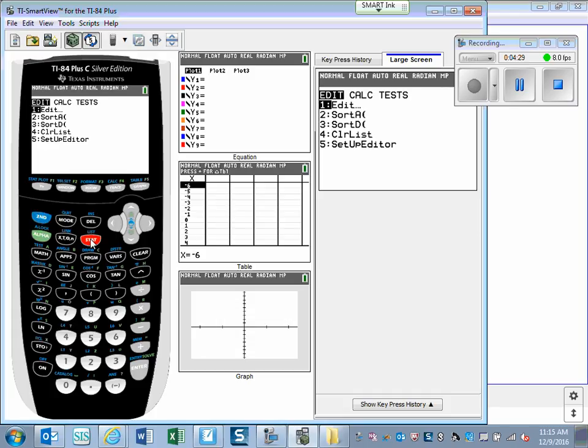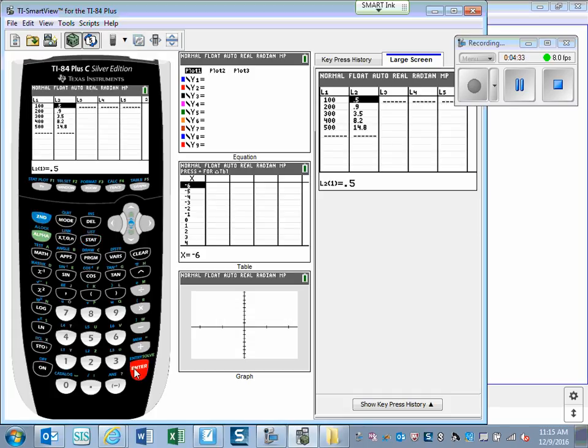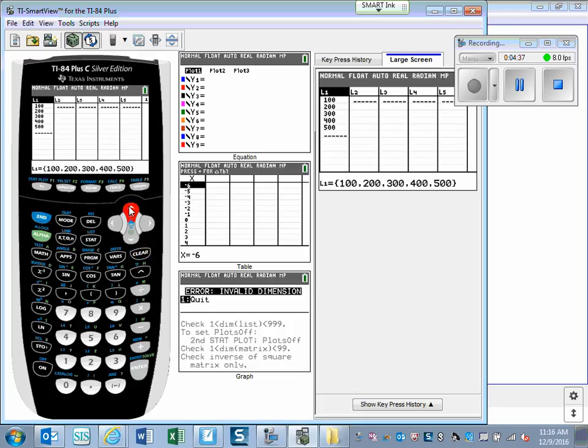You go to stat, edit. We enter our data. Okay, so our data points. The x values are -2, enter, -1, enter, 0, enter, 1, enter, and 2. Now I go to my y values.